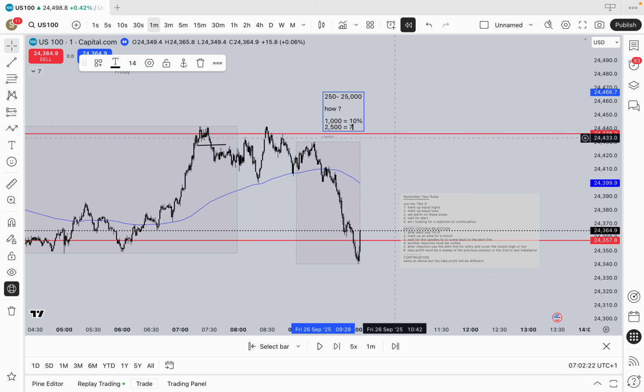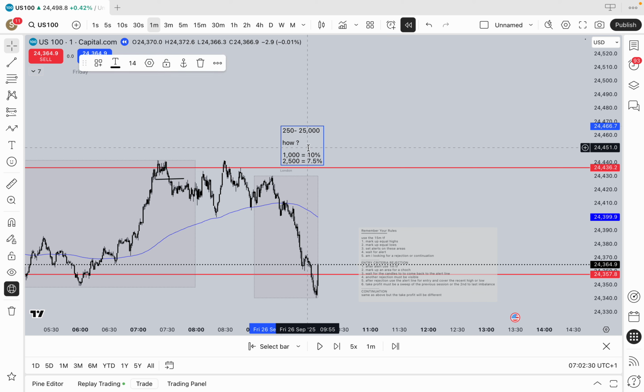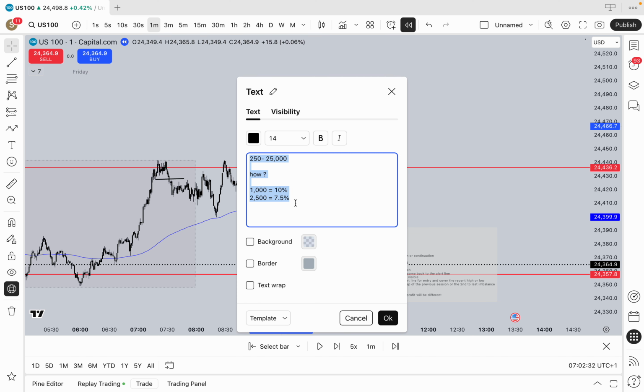That's going to be at 7.5%. Okay, after I get to 2,500, the next stage is going to be $5,000, and after that we're going to be using 5%.